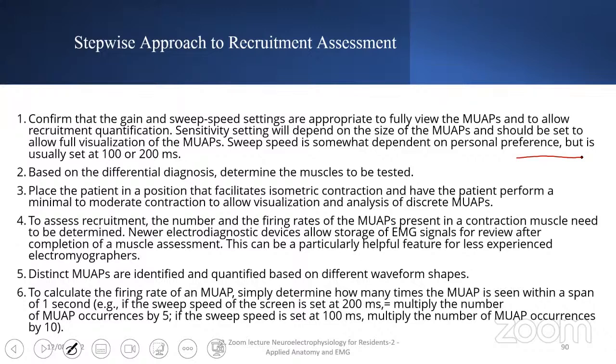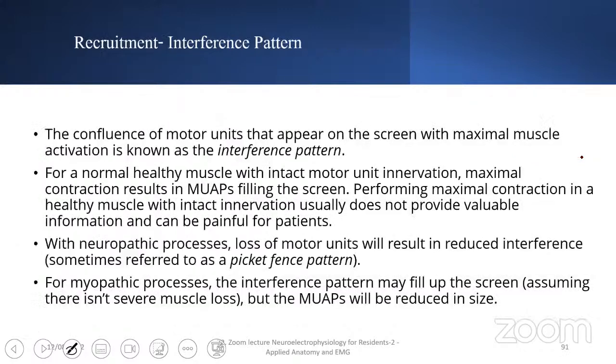To calculate the firing rate of an MUAP, simply determine how many times the MUAP is seen within a span of 1 second. If the sweep speed of the screen is set at 200 milliseconds, multiply the number of MUAP occurrences by 5. If it is set at 100 milliseconds, multiply the number of occurrences by 10. Then you get the MUAP firing rate.